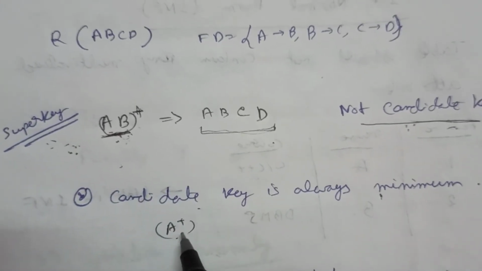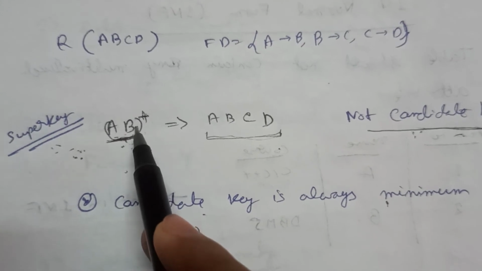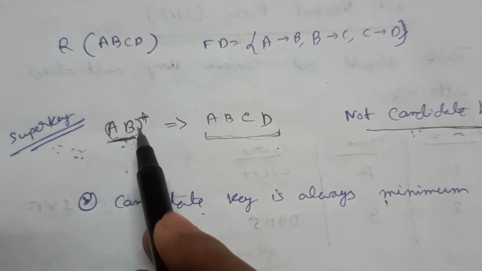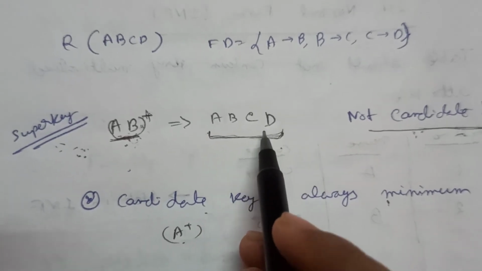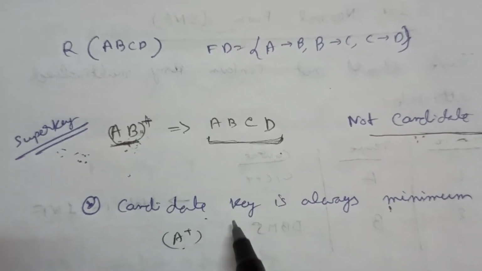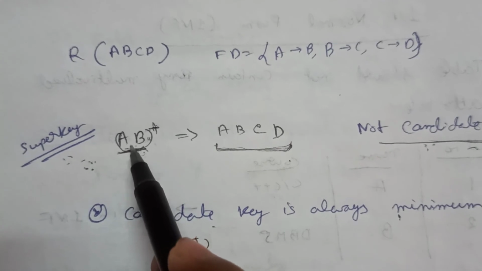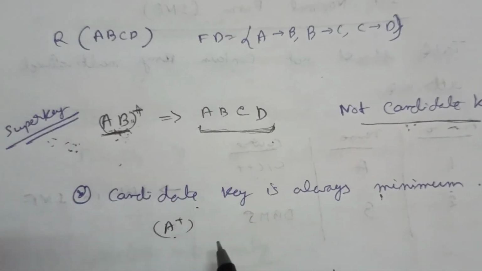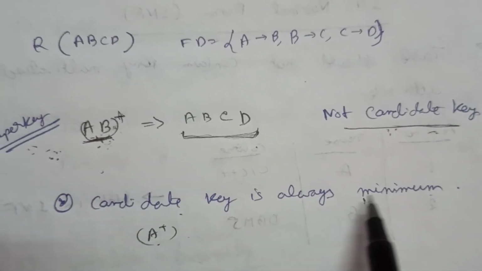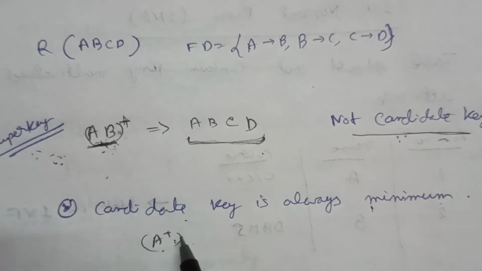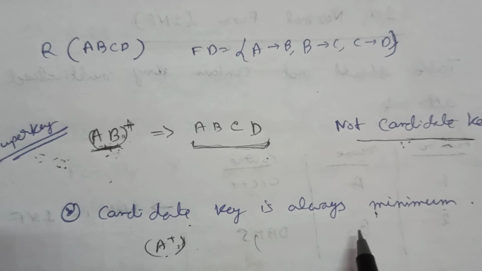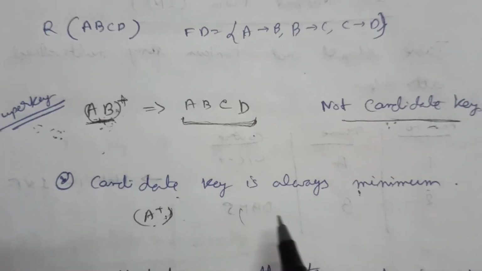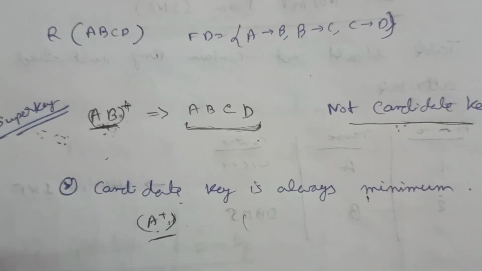Here we can remove B from the super key AB and still have all the attributes of our relation. So only the closure of A is the minimal thing here. The closure of A is the minimal attribute which gives us all other attributes of our relation, so A is known as the candidate key.